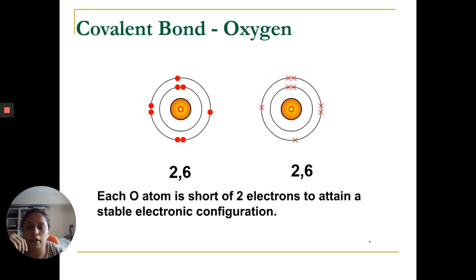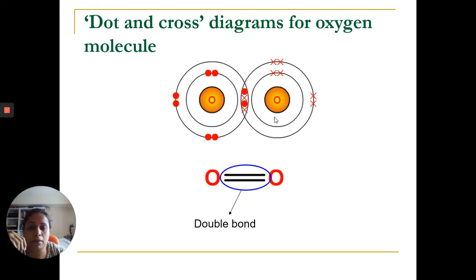Let's try oxygen. If you look at the periodic table, oxygen has how many electrons? 8 electrons in total. So when I write the electronic configuration, there are 6 valence electrons, so you can see 6 dots and 6 crosses. As an atom, it's not stable. I want to make it stable, so it will combine. Can you look at this?